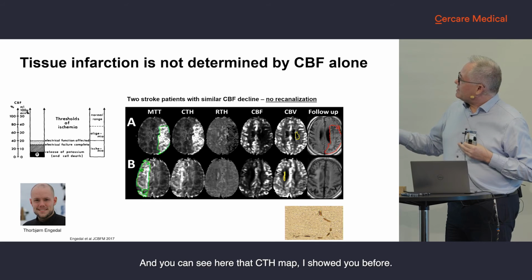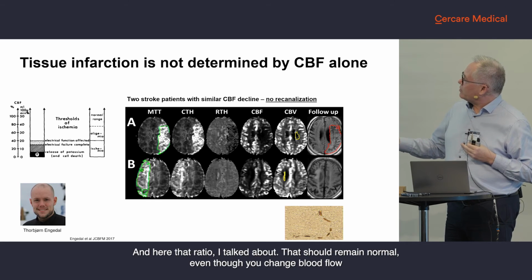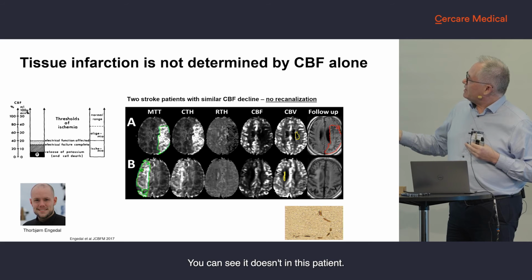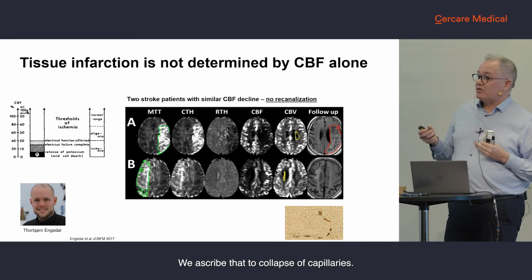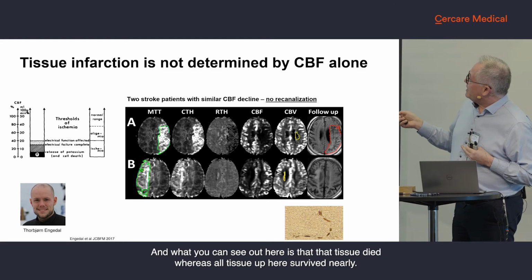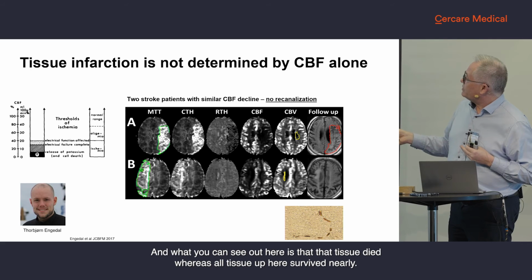And you can see here that CTH map I showed you before, and here that ratio I talked about that should remain normal even though you change blood flow. You can see it doesn't in this patient. We ascribe that to collapse of capillaries.